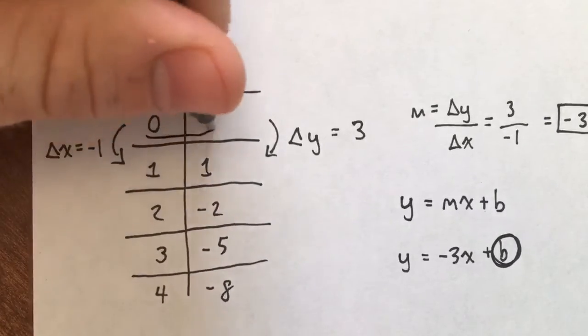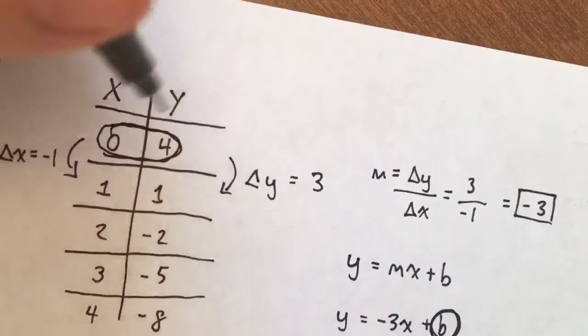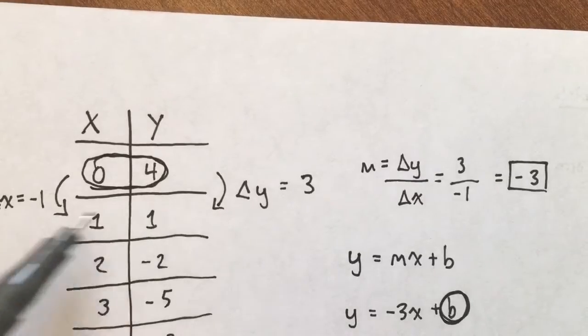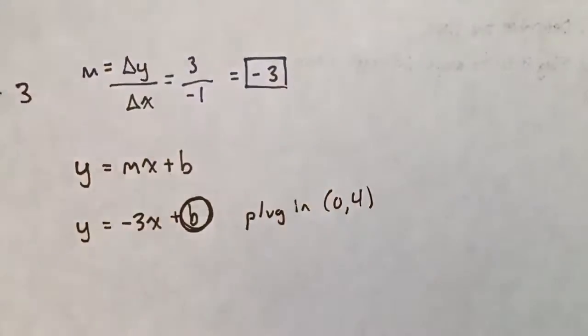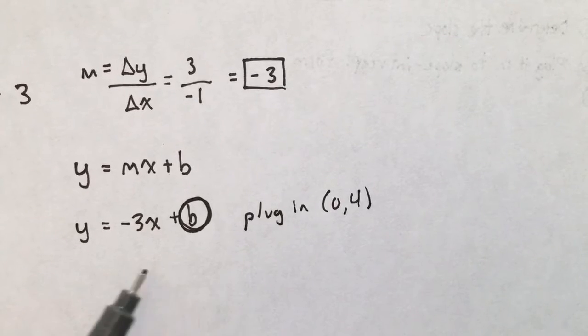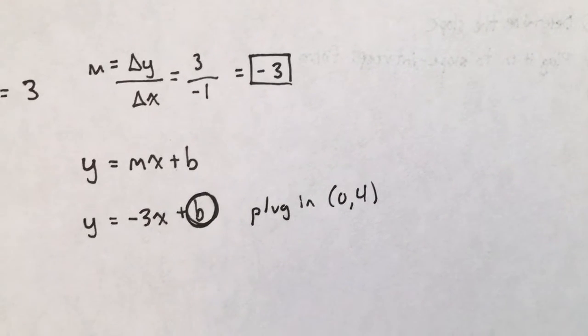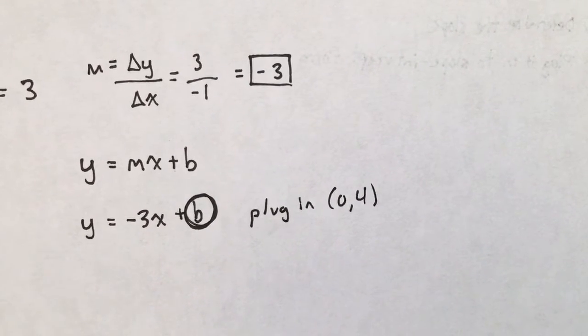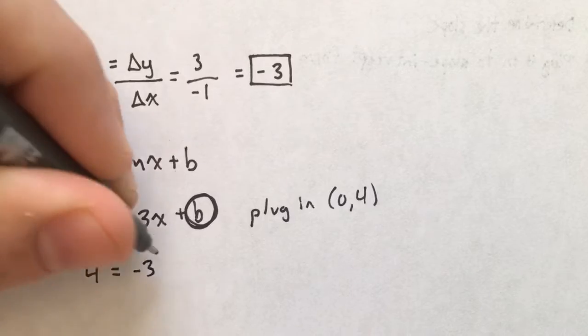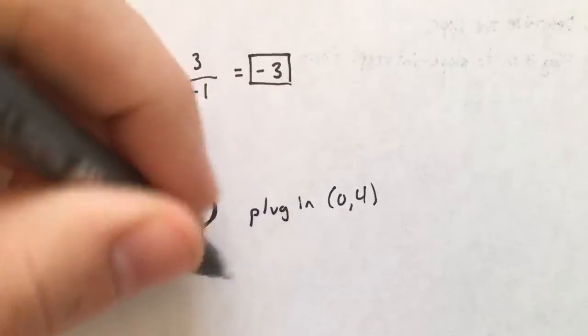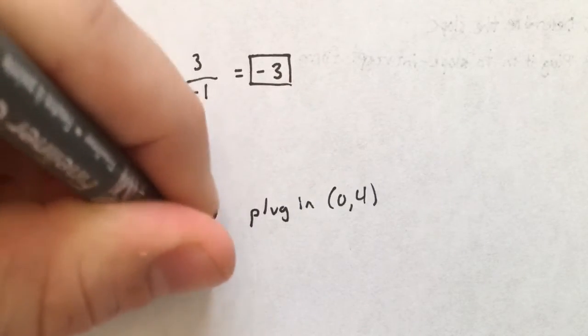Just to make things easy, let's pick the first point up here, 0, 4. So we're going to plug in the first point, 0, 4, into our function rule to help us find our y-intercept. Our y coordinate is 4, so 4 equals negative 3 times the x coordinate, which is 0, plus b.